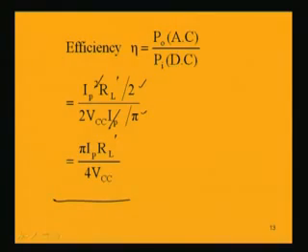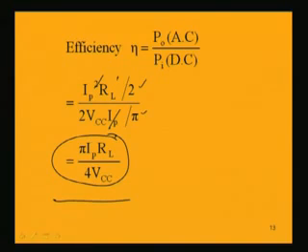So in this expression, the variable is IP, because for a particular push-pull amplifier, we are not going to change the load resistance, and also we are having a constant DC source.